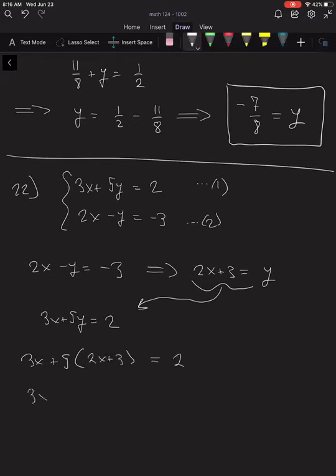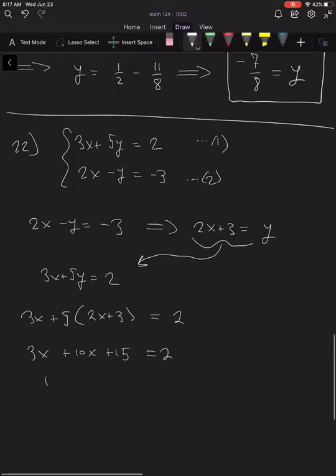So we have 3x plus 10x plus 15 is equal to 2. So we have 13x is equal to minus 13. So x is equal to minus 1.